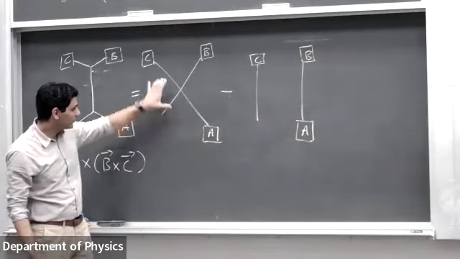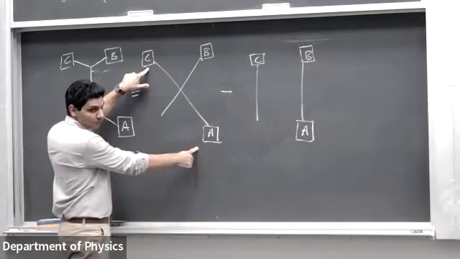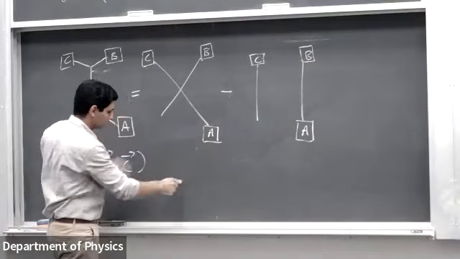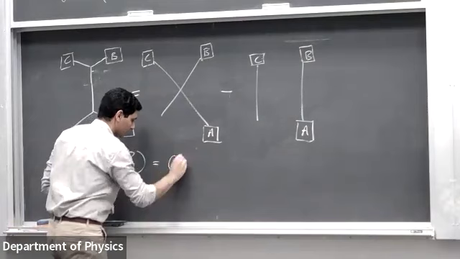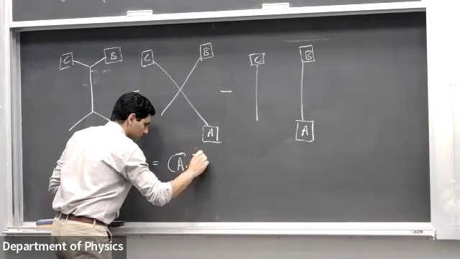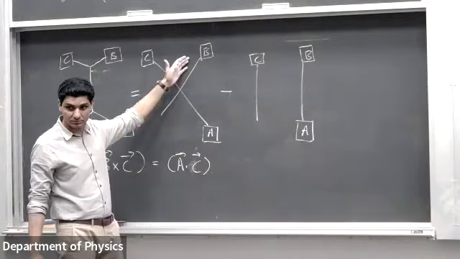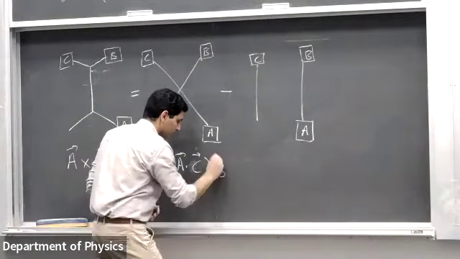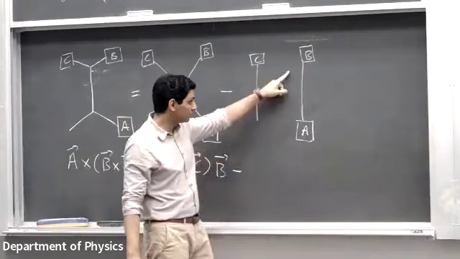So what is this? First of all, what is this term? A dot C. Times what? B. Minus this.